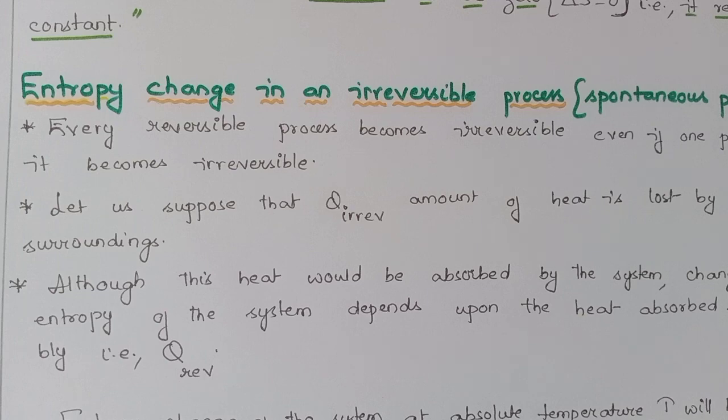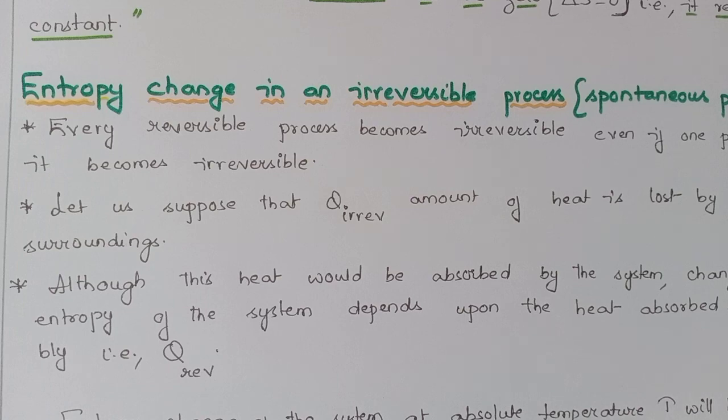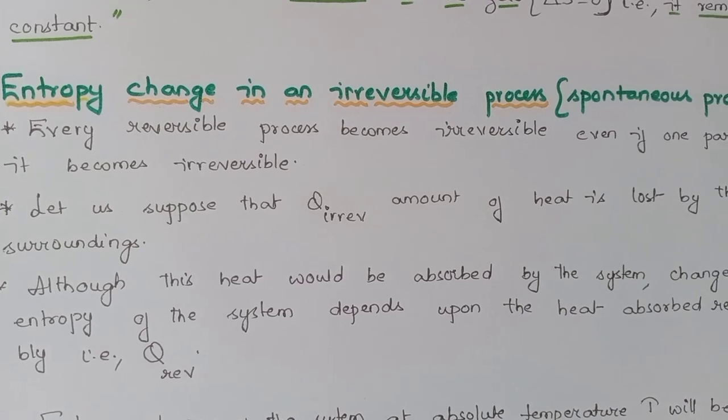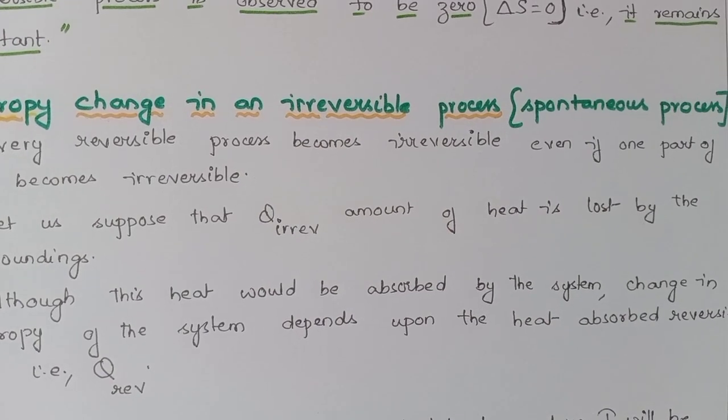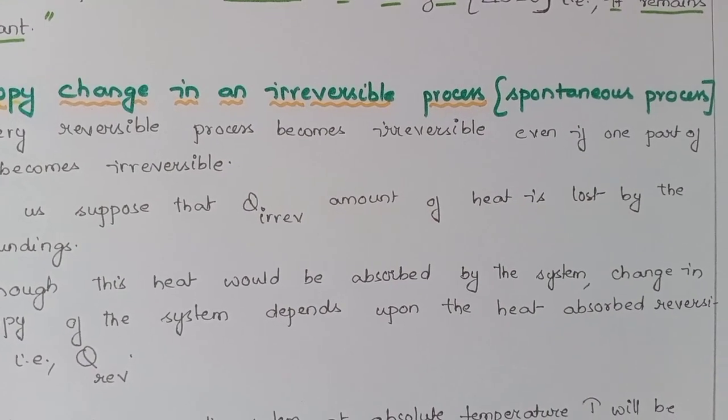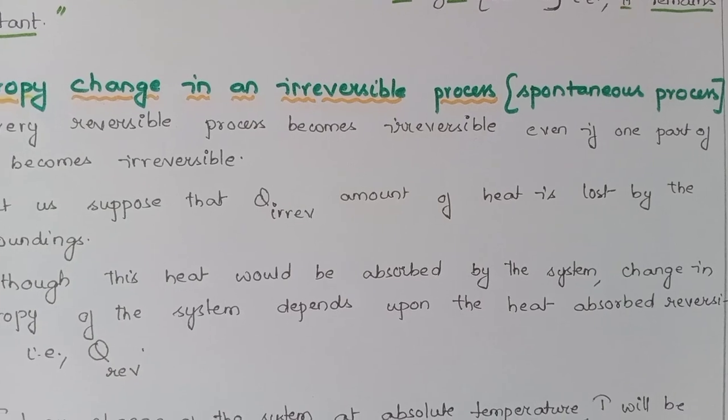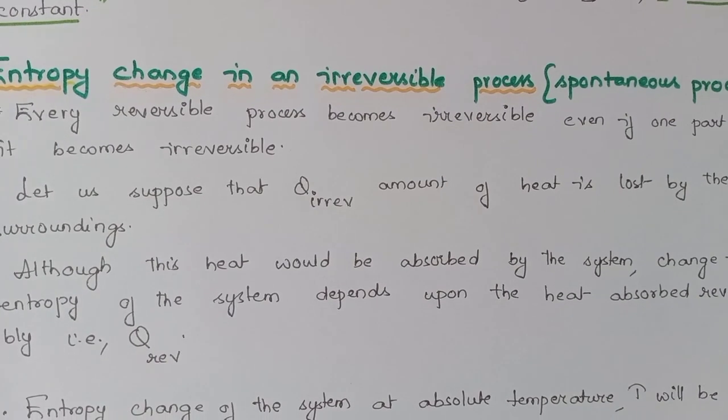It takes infinite time to complete. So in this reversible process, if one portion of it becomes irreversible, now the whole process becomes irreversible. That is the meaning of the first point written: every reversible process becomes irreversible even if one part of it becomes irreversible.